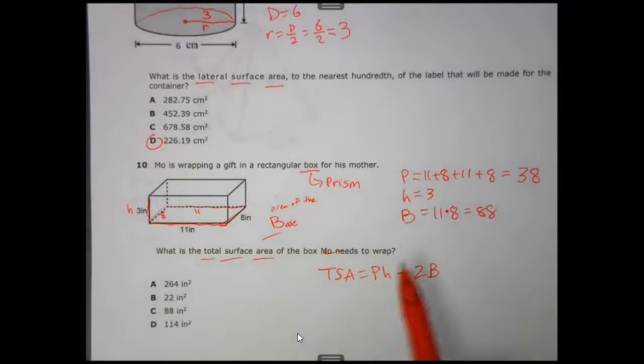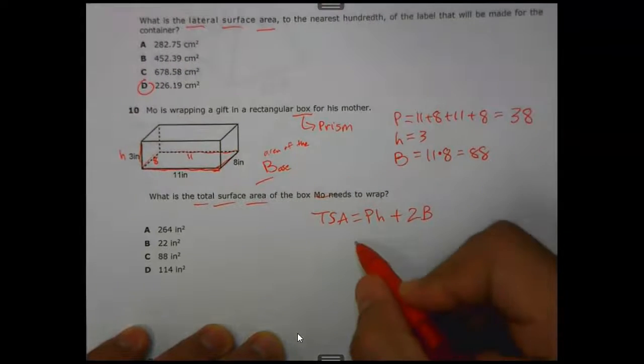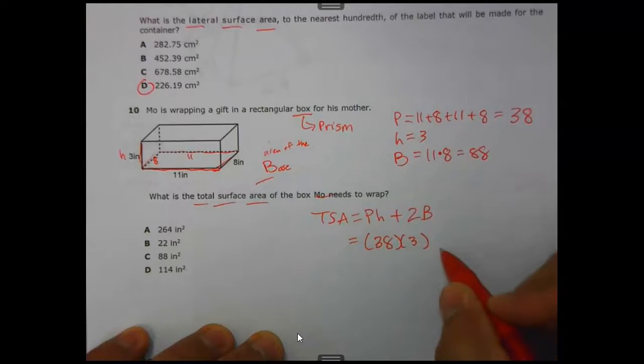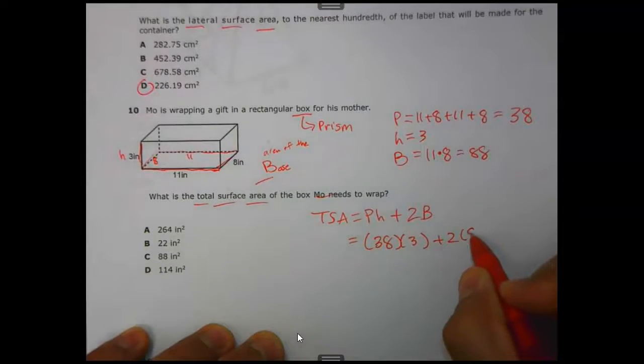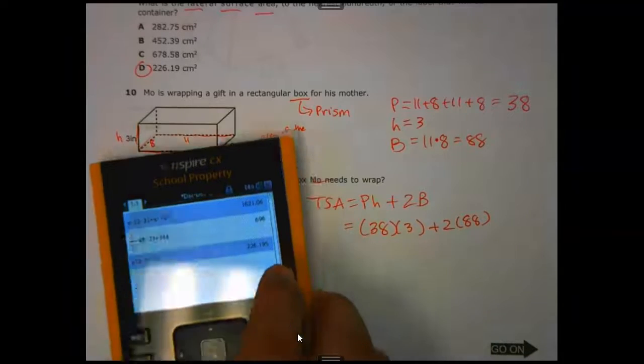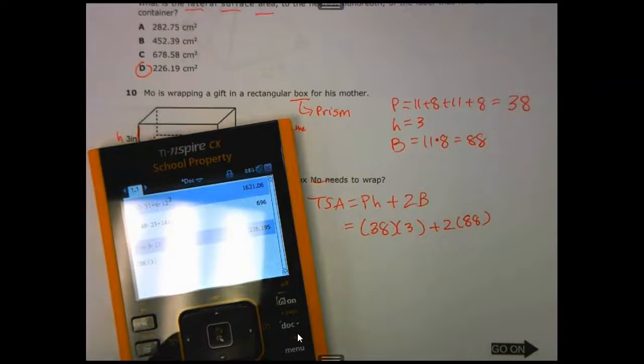Once we have P, H, and B, we can plug it into pH plus 2B. So 38 is my P, H is 3, 2, and then big B is 88. If I plug that in the calculator, I'll get my total surface area. 38, 3, plus 2, 88.